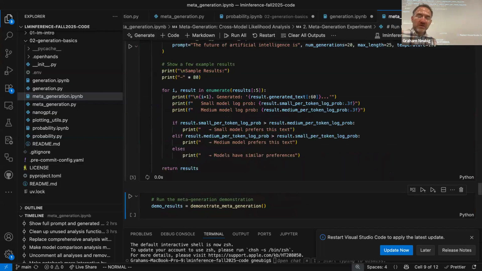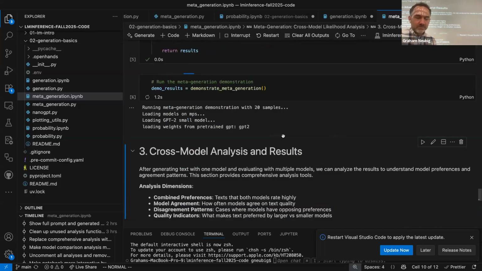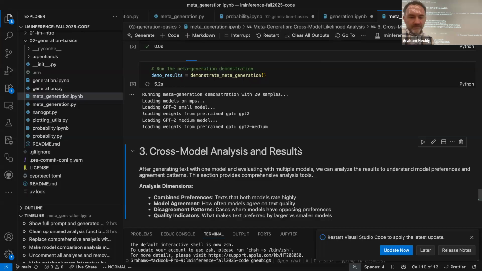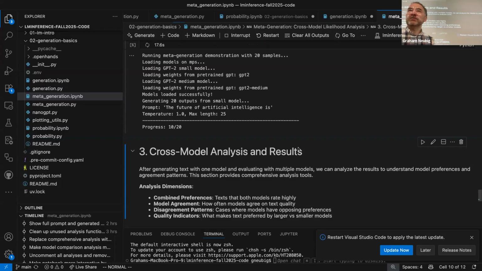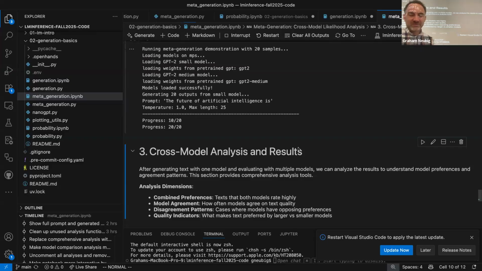But the more interesting thing is when we actually use it for re-ranking, and you get to see which outputs a particular model prefers. In the case of a smaller model and a larger model from the same model family, it's actually pretty clear. It's pretty fun.